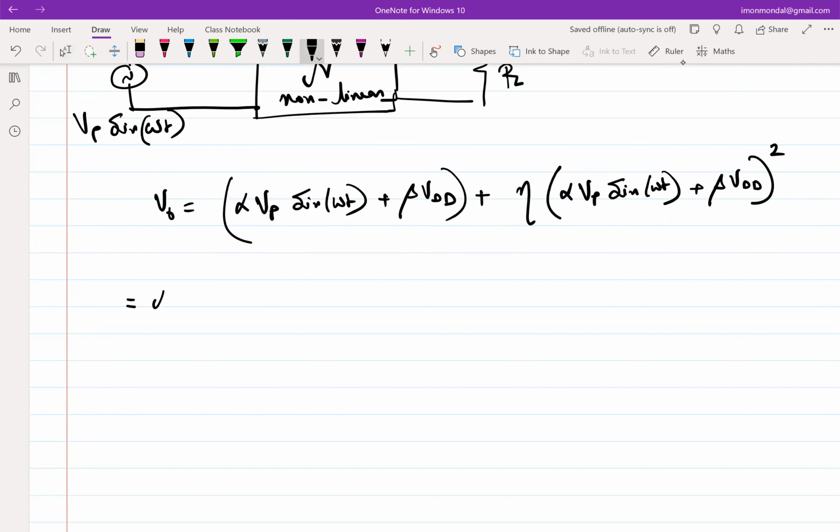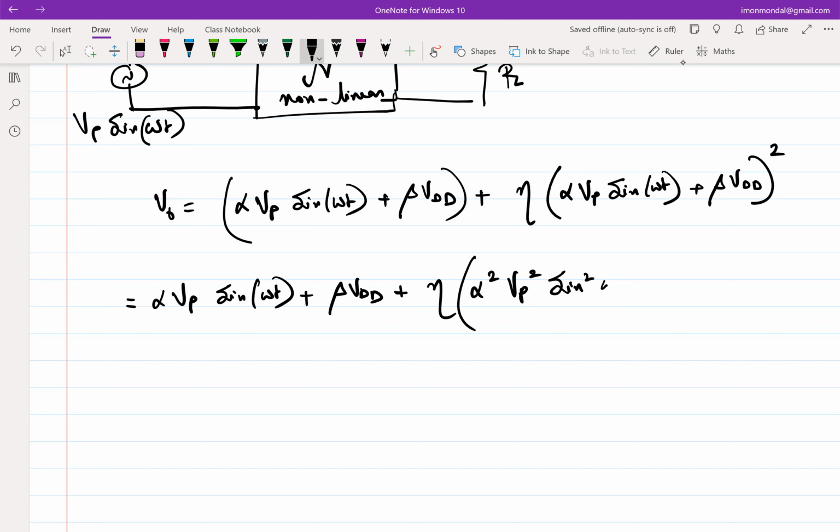So what will I get? Sorry, this is VDD squared, right? VDD squared plus 2 alpha times VDD times sine of omega t.